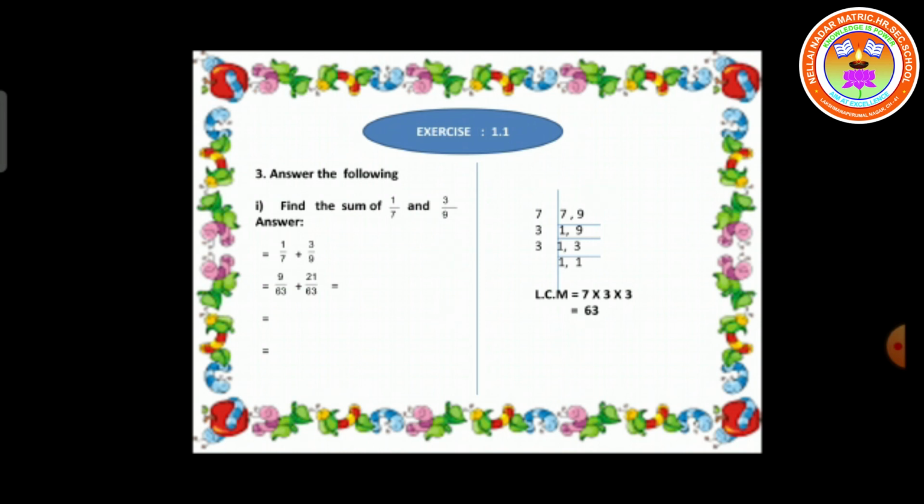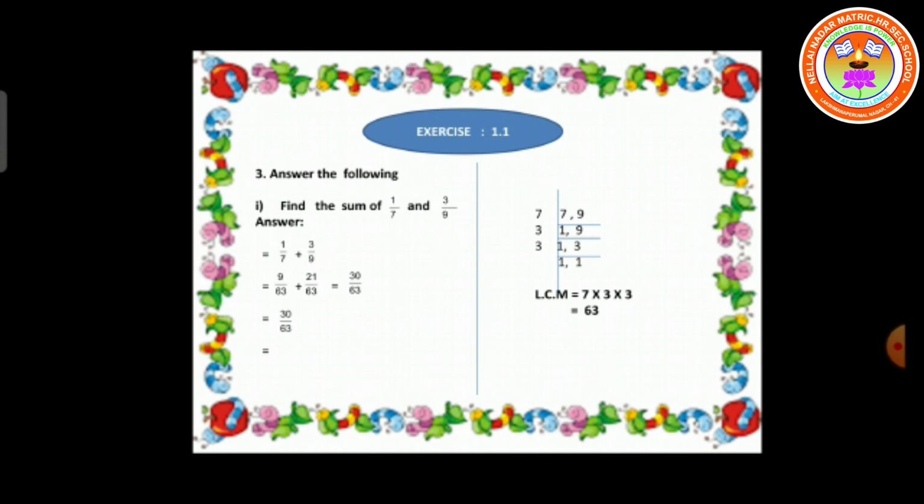Now we saw that in the example, to find out the equivalent fraction, you have to follow the same procedure. Okay. Then add it. What is 9 plus 21? 30. 30 by 63. Students, you will not leave that fraction as it is. If you can cancel it, you can. Otherwise, just leave it.